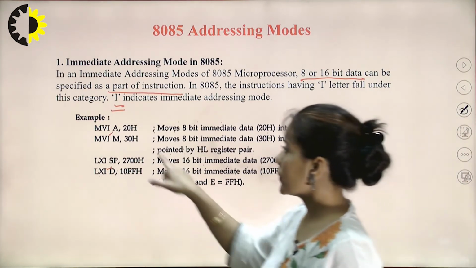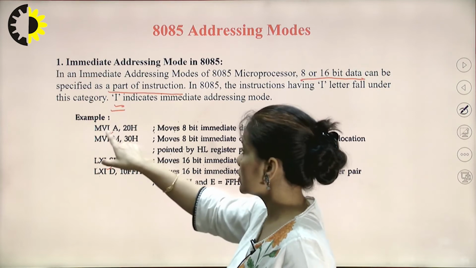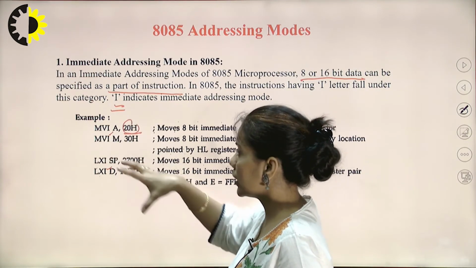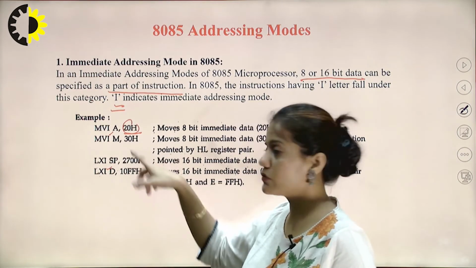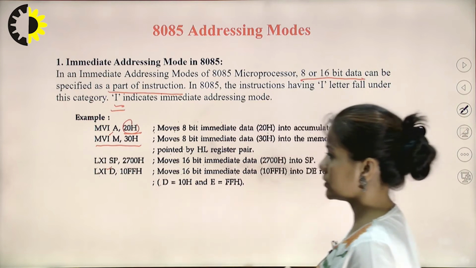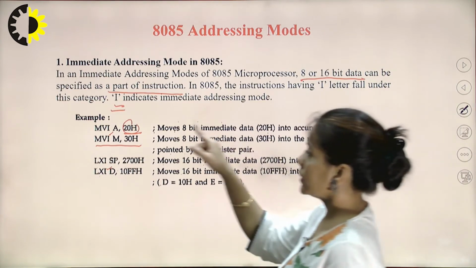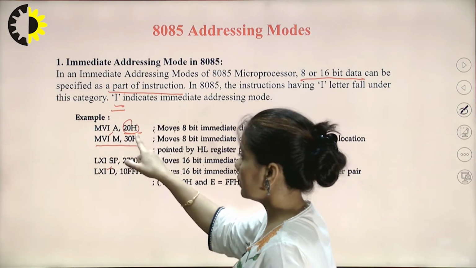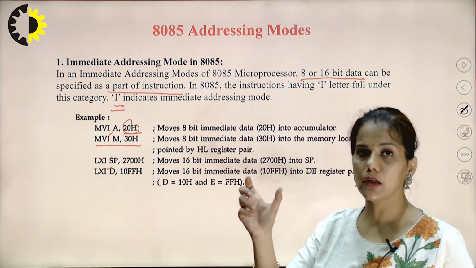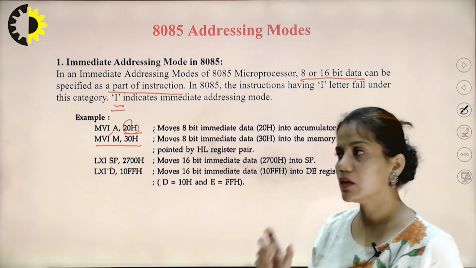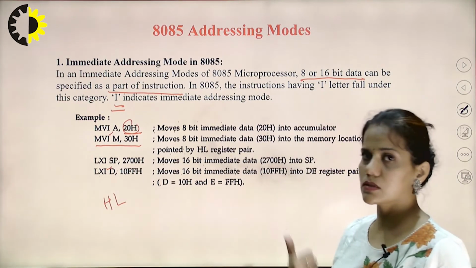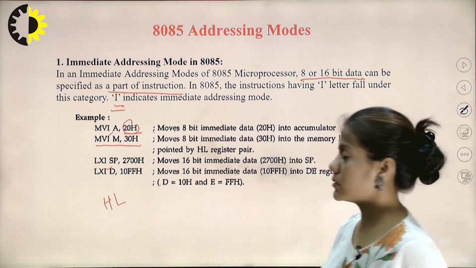Here we'll have the examples. MVI A, 20H means 20 is the direct content which will be copied to the accumulator. MVI M, 30H means the 30, which is the direct content, will be copied to the memory location which is being pointed to by the HL register pair. So this is what this instruction mentions.